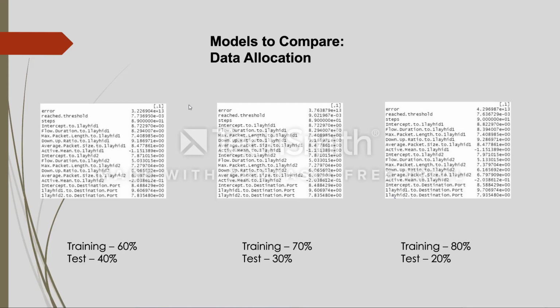These were 3 examples of the models I was able to create or produce out of R Studio. As you can see, the reason why I have chosen the first allocation of 60% towards training and 40% towards testing is that the error rate is much lower than the other 2.